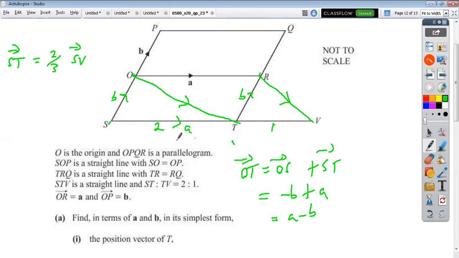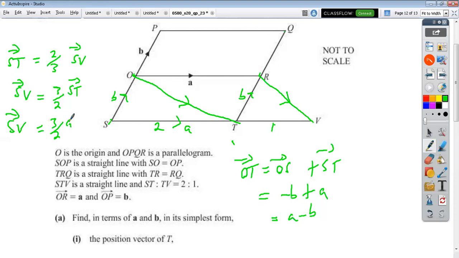Since we want to know everything, we can multiply by the inverse of this on both sides, such that SV will be equal to, if I multiply by 3/2, this becomes 1. So this becomes 3/2 ST. But our ST is A, so SV is 3/2A.